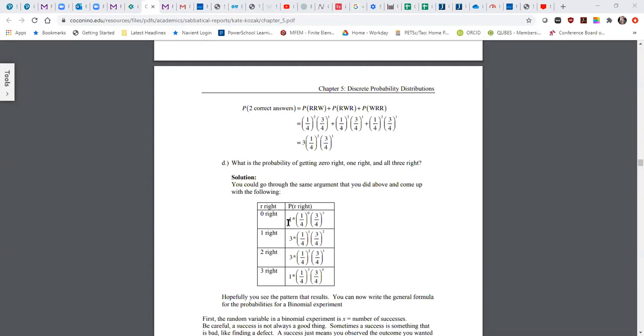Okay, so that's why you multiply by 1 here. And for 1 right, you got 3, 3 of this, so you got 3 multiplied by 3 here. And for 2 right, you got 3 also for this one. That's why you multiply by 3. And for 3 right, you only have 1. Okay, so that's why you multiply by this. Okay? Because for 3 right, you only have 1/4 to the power of 3 times 3/4 to the power of 0, right? So there's not that. So that's why you put 1 here.